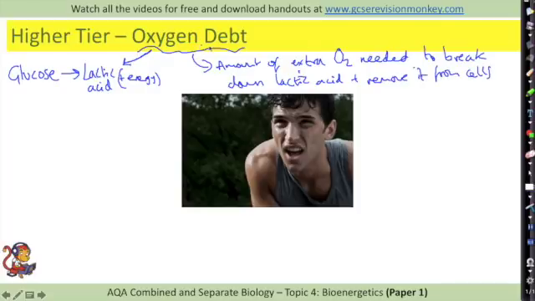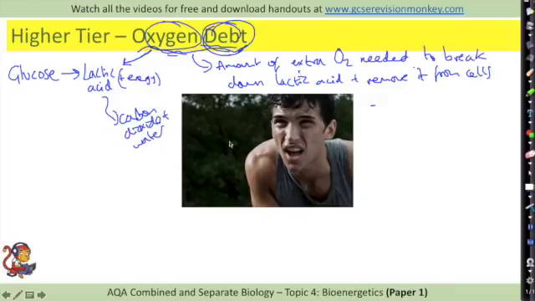So debt and oxygen, it's the oxygen that your body needs to break down the extra lactic acid. And when it does break that down, it will turn it back into the main products of respiration, which are carbon dioxide and water, just like you'd normally get from aerobic respiration.